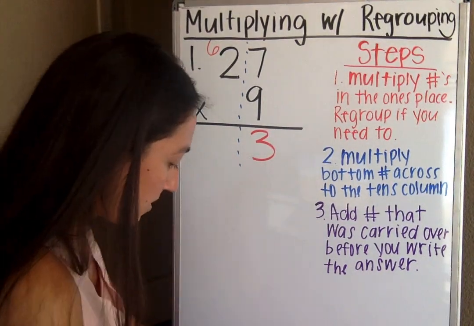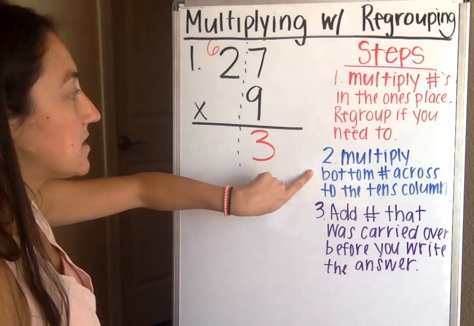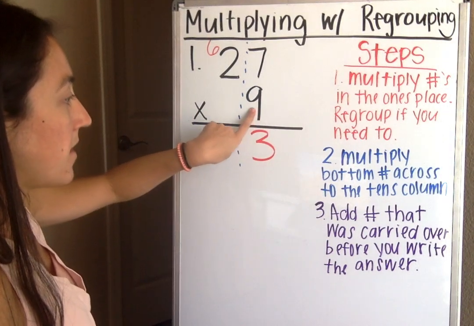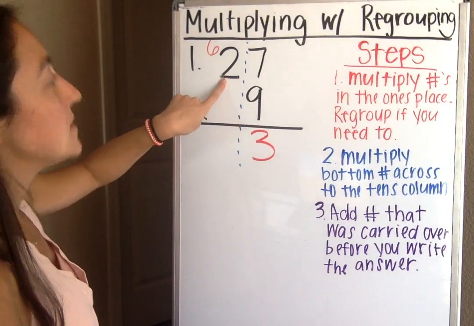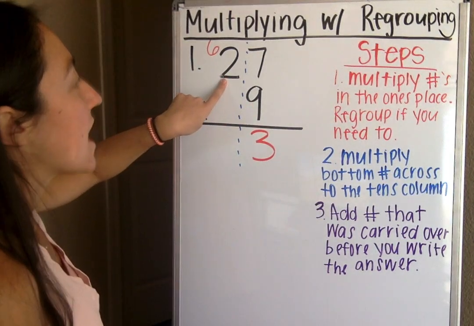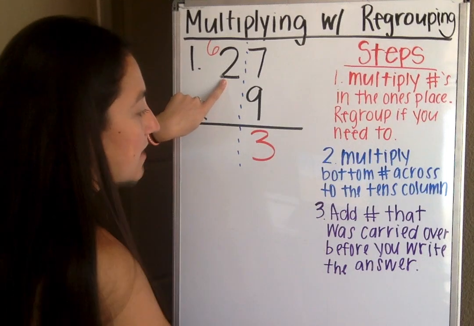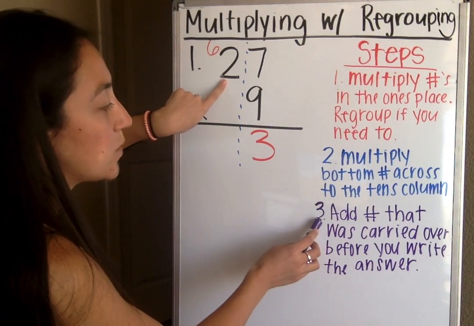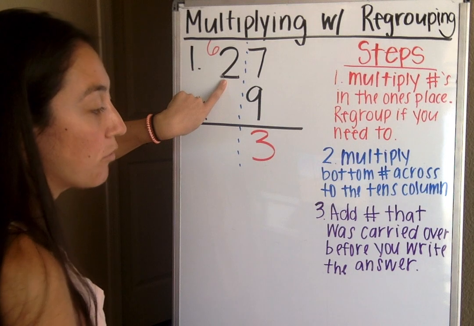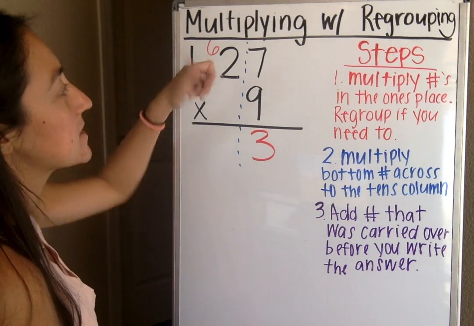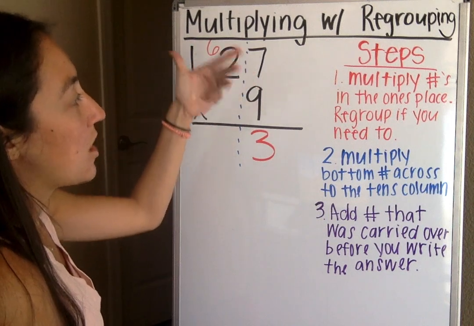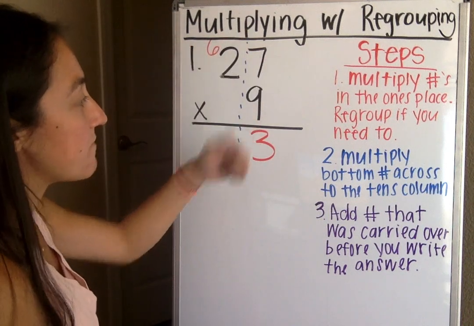Now in blue, for step 2, is to multiply by the bottom number and the number across from it. So 2 times 9 is 18, but I'm not done yet because it tells me I need to add the number that was carried over before I write my answer. So 18 plus 6, 19, 20, 21, 22, 23, 24.